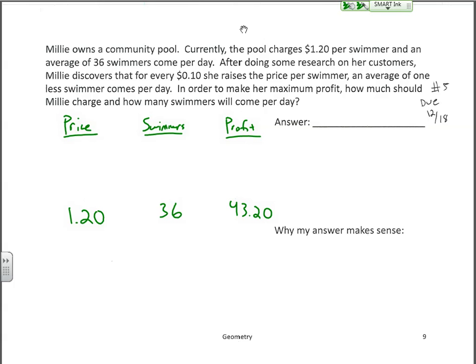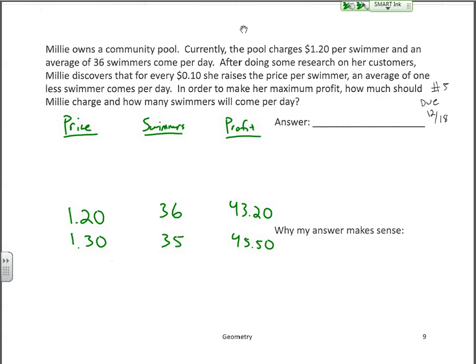Okay. After doing some research, she's noticing that for every 10 cents she raises the price, an average of 1 less swimmer comes. So at $1.30, 10 cents price raise, 1 less swimmer is going to come. How does that affect the profits? Well, 1.3 times 35 is $45.50. All right. We're heading in the right direction here.